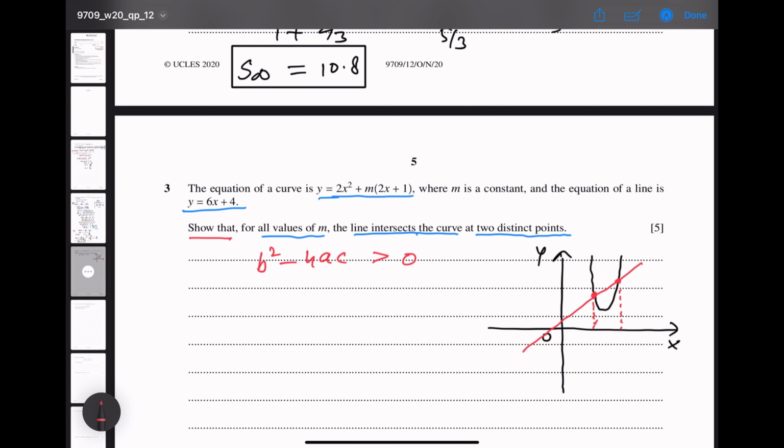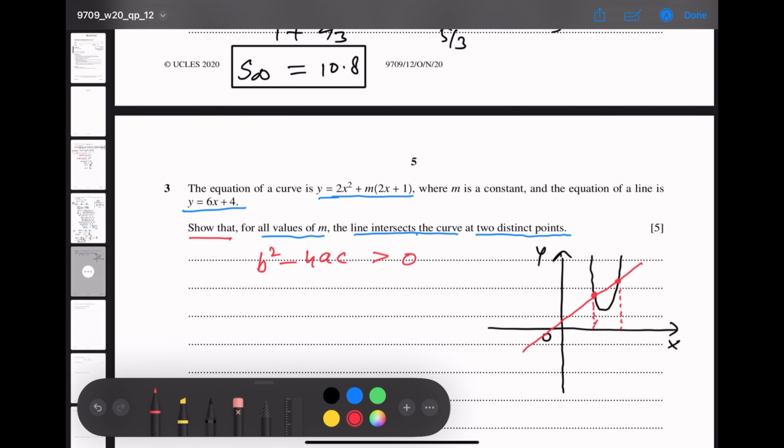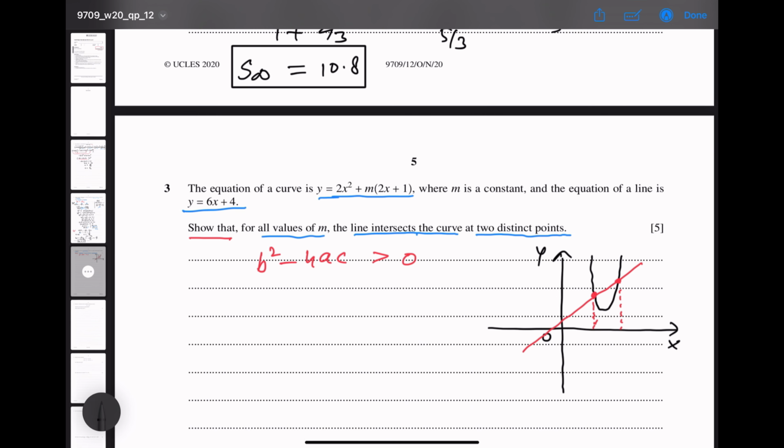So first of all, we will merge these two equations, line equation and curve equation, to get a quadratic equation in standard form. So we will write by substitution 2x square plus, this is the equation of the curve, is equal to y.